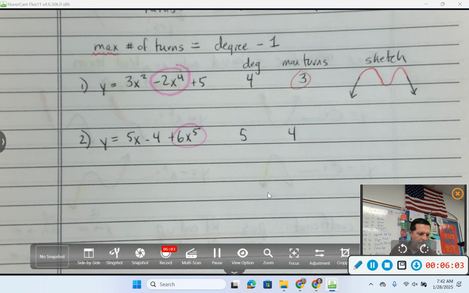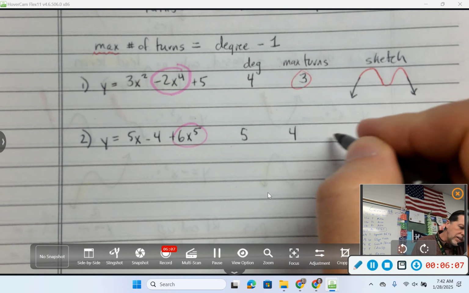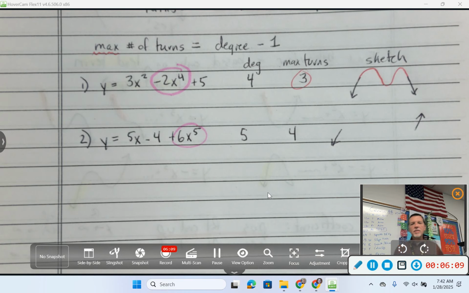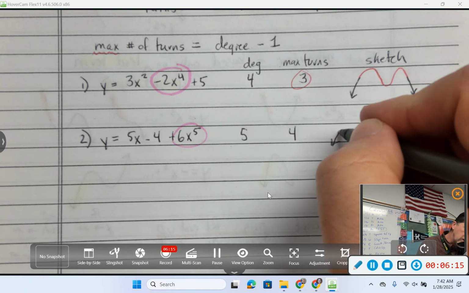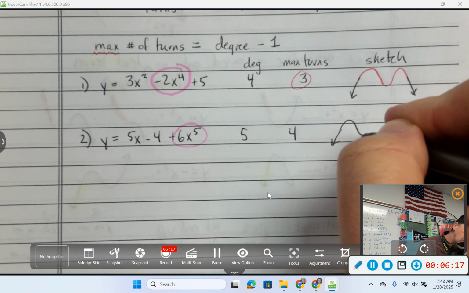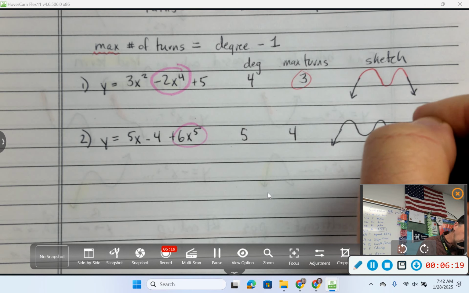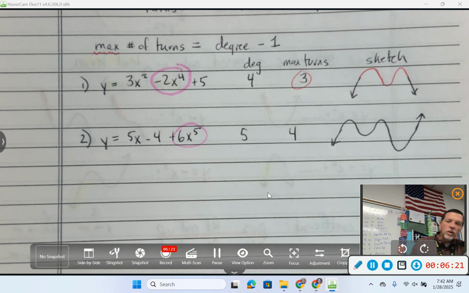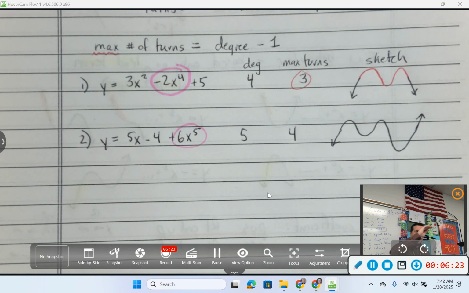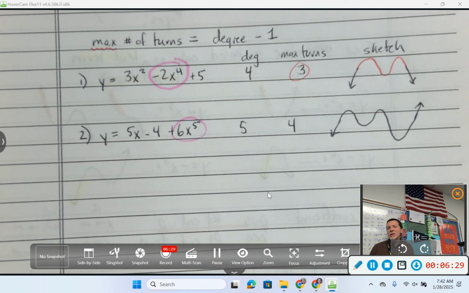And the left end? Going down. So right end is up, left end is down, and then I need to squeeze 4 turns in there. 1, 2, 3, 4. Many of you had symmetric, even-looking squiggles. Maybe that's true, maybe it's not. We don't know enough yet. But that's a good enough sketch.